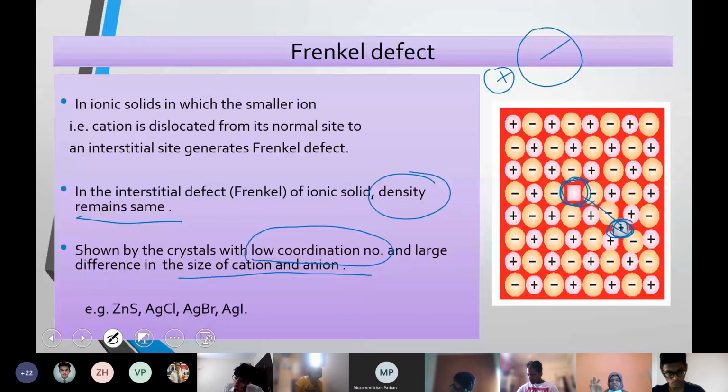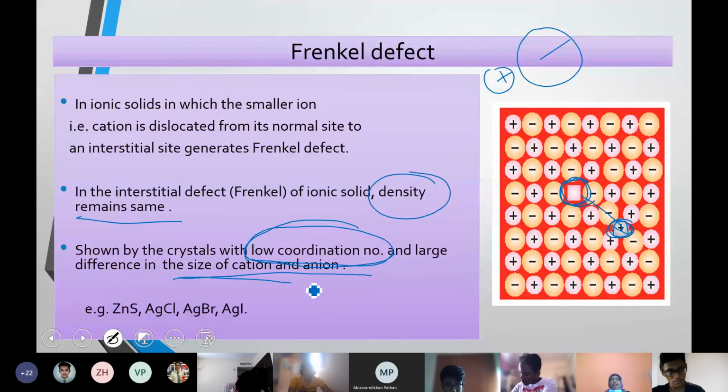But in Frenkel defect, what happens? There is no change in the density because nothing is lost or missing. In both cases, electrical neutrality is maintained. But Schottky defect is shown by ionic compounds with high coordination number, while Frenkel defect is for low coordination number.